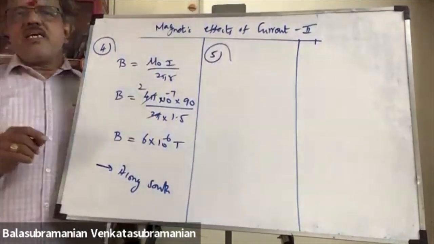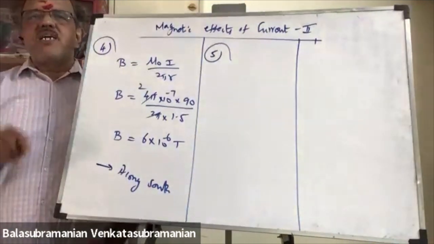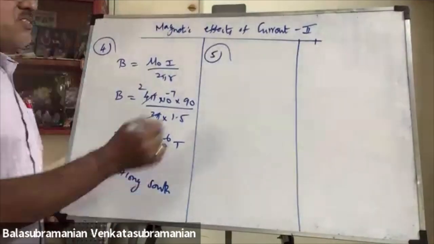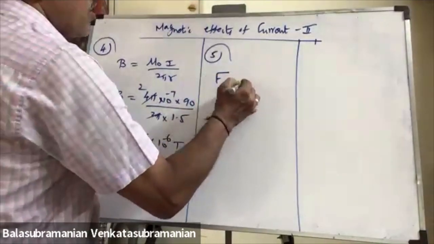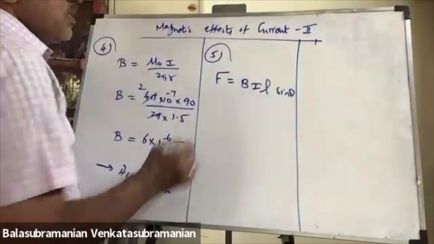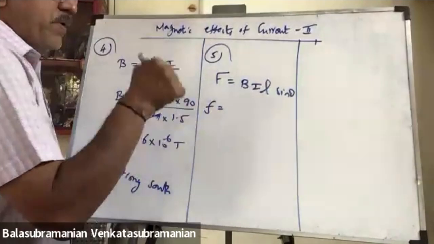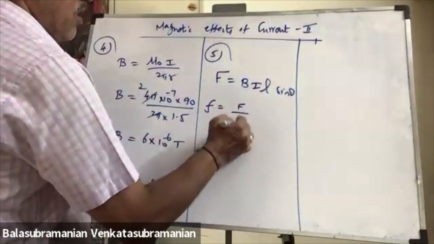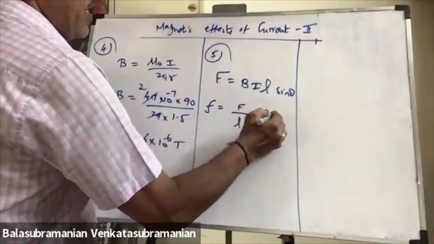Whenever a current carrying conductor is placed in a magnetic field, there exists a force. The total force is BIL sin theta. Force per unit length, F by L, is BI sin theta.